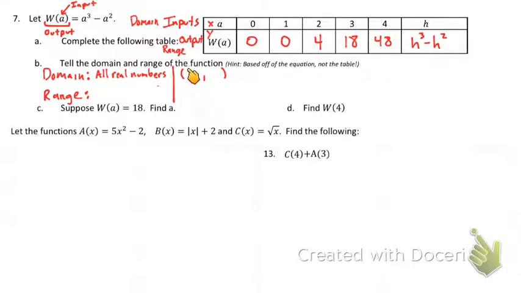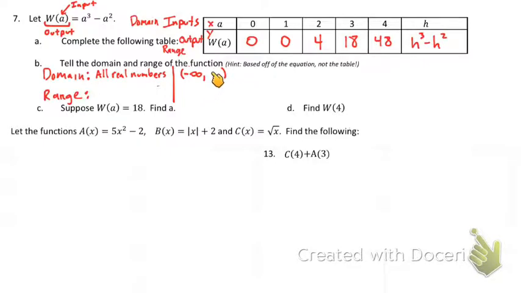What's the smallest number possible that we actually can plug in for A? I just told you we can plug in any number. So that means we can plug in the smallest number in the world. So the smallest number in the world in math, we can plug in any number all the way to negative infinity. Okay?